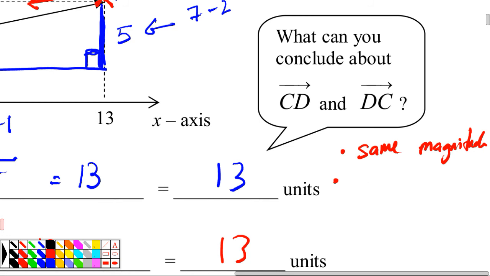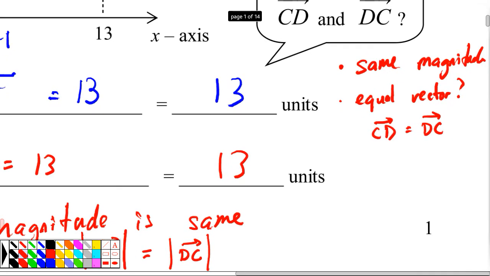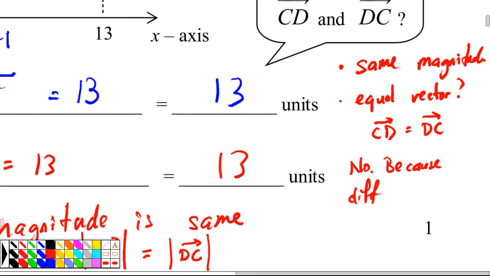Are they equal vectors? Question mark. Meaning, is CD equal to DC? Give a reason why. The direction. Yeah, different direction. Very good. Answer is no, because different direction.